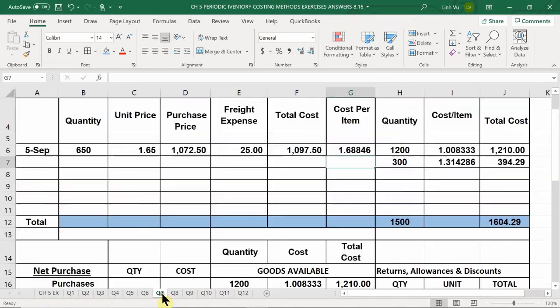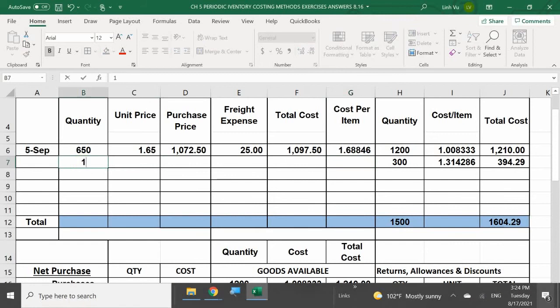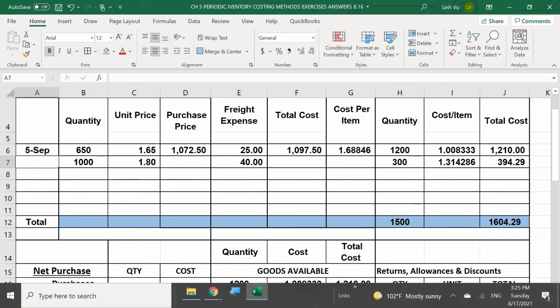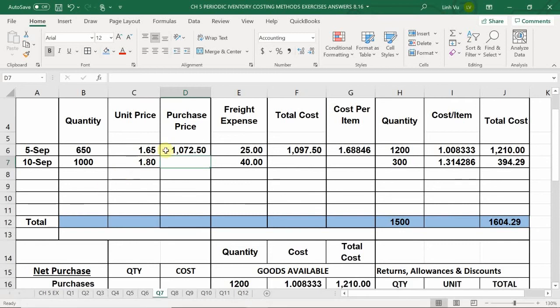So the date was September 10. What's my total purchase price here? $1,800 plus 40, $1,830. And cost per item?